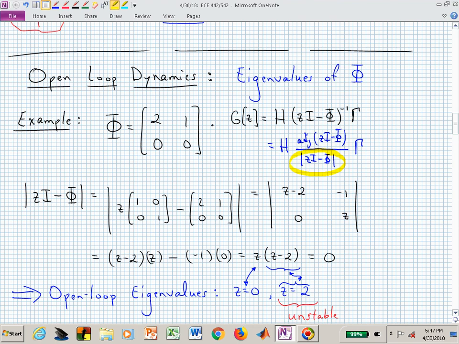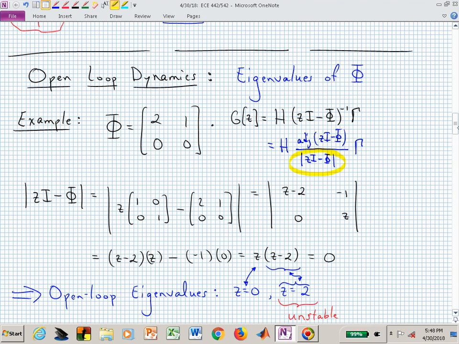Those are your open loop eigenvalues, and many times those are not in an acceptable location. In this case, 1 is beyond the unit circle. The one at 2 is unstable, so if somebody walked up and hit this system without any feedback, it would start going unbounded. That mode at 2 would just keep growing: 2, 4, 8, etc. 2 to the n.